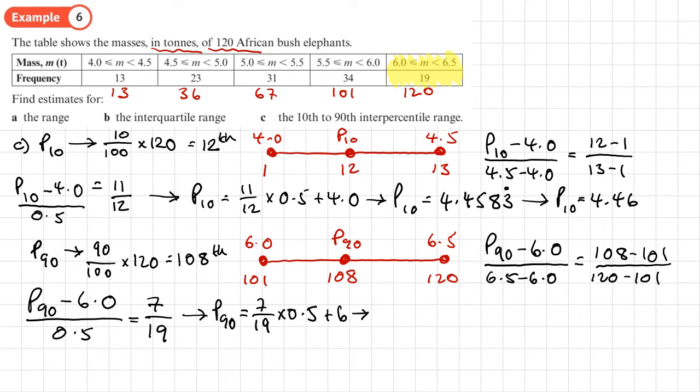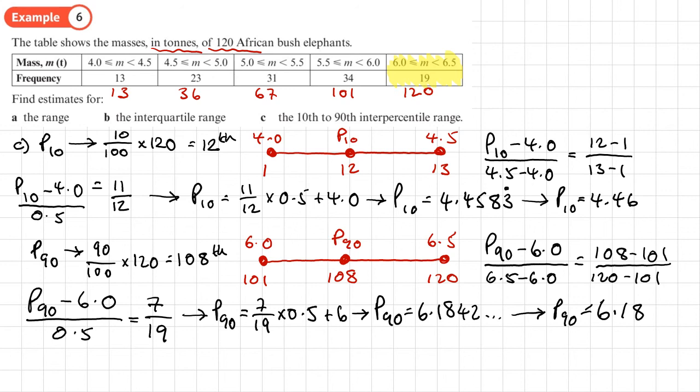That will give us P90 as 6.1842, and it carries on. So we'll round that to 3 significant figures. So you've got P90 as 6.18.